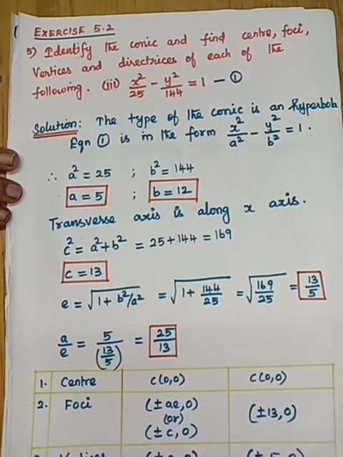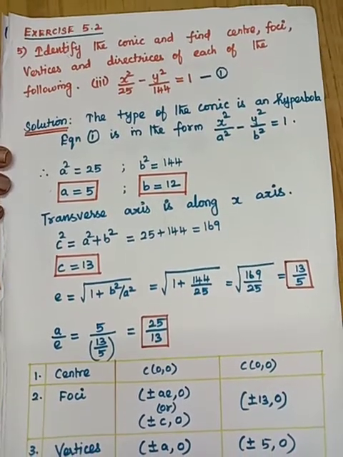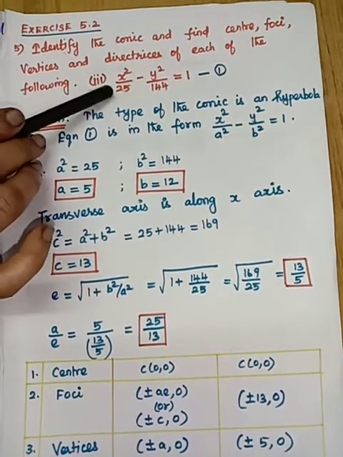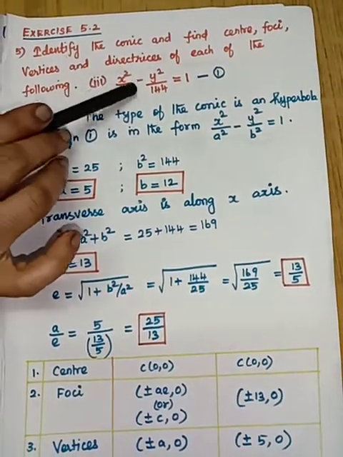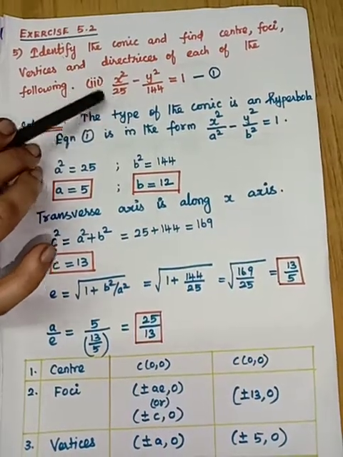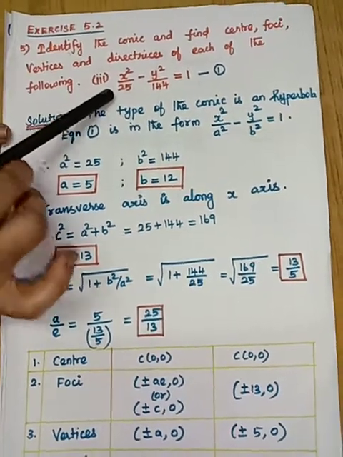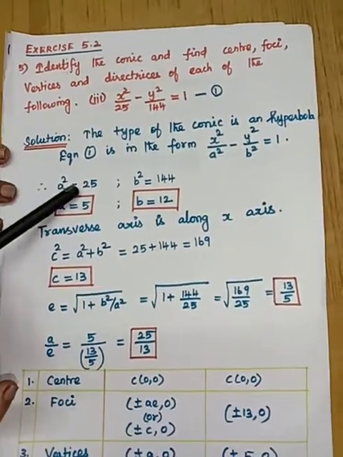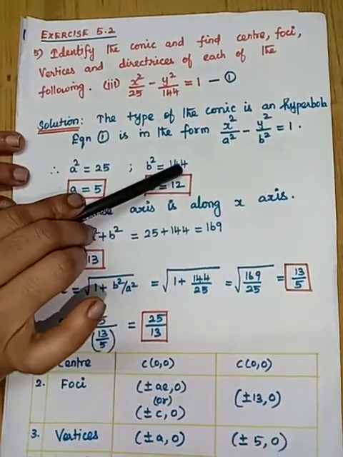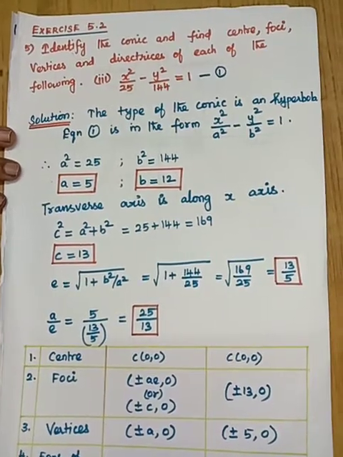But in hyperbola, you need not worry about whether it is bigger or smaller. The first term is taken as a squared. So here the number 25 is in the first term. So a squared is equal to 25 and b squared is equal to 144. In hyperbola, you need not worry about which is bigger, which is smaller.